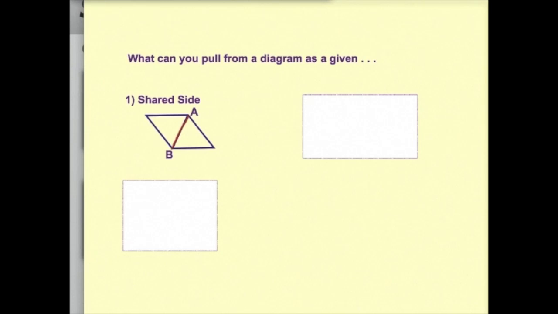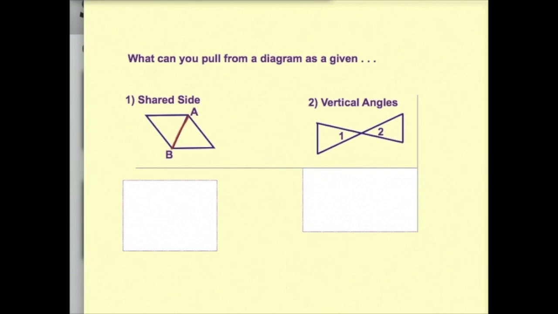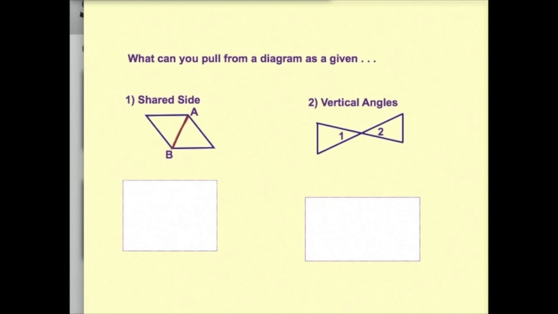And then we also have this bow tie type shape. Whenever two lines intersect, we create vertical angles. So in this case, vertical angles 1 and 2 would be congruent. That doesn't need to be specifically given to us, but it's one of those pieces from the diagram that can be assumed given to us.